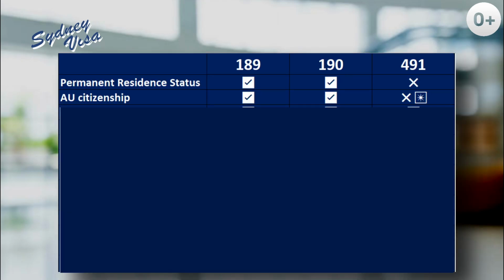This means that you can start accumulating the years of residence for subsequent citizenship while you are on a temporary regional visa as well. So if you receive the 191 after being on 491 for 3 years, you would need to spend an additional 12 months on this PR visa before you would be eligible to apply for Australian citizenship. So in terms of time needed to obtain an Australian passport, all 3 visas are the same.